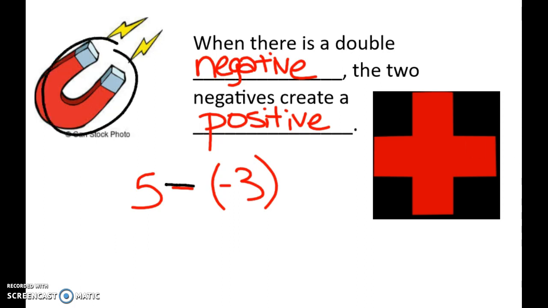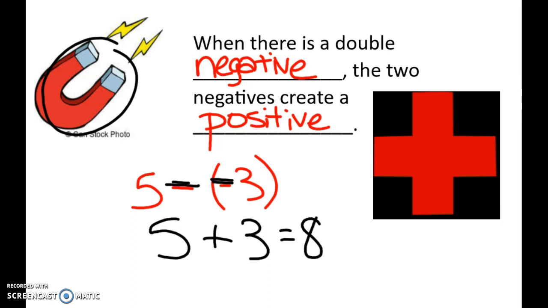This is part of a magnet and this is part of the magnet, and they join together when there's 2 negatives, they kind of magnetize into that positive and become a positive, okay? And that's how I get my answer. So 5 minus a negative 3 is actually 8. We're going to see some more examples of this, but I want you to remember that negative and that negative coming together to form a positive. This one just like jumps up and goes in there, okay?